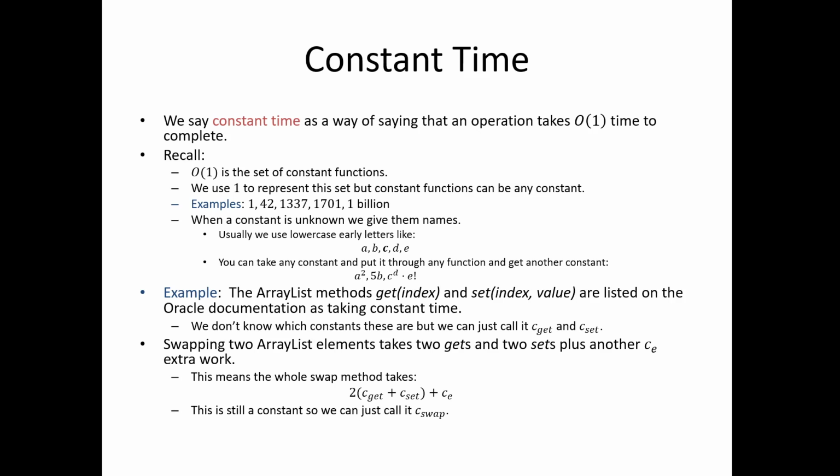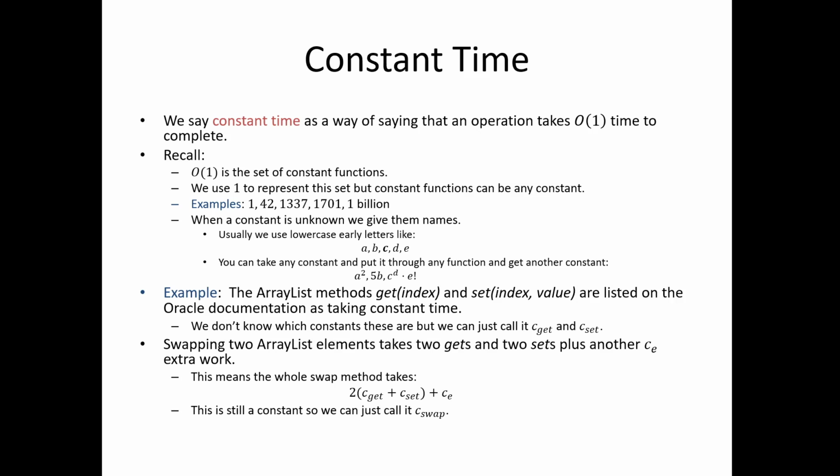We'll copy one element into the temporary memory, we'll copy the second element over the first, and then we'll copy the first element out of temporary memory back over the second element. So this subroutine is again one I wrote for this example, and it used two gets and 2 sets from my ArrayList, plus a little bit of extra work, which is what the temporary memory is used for.